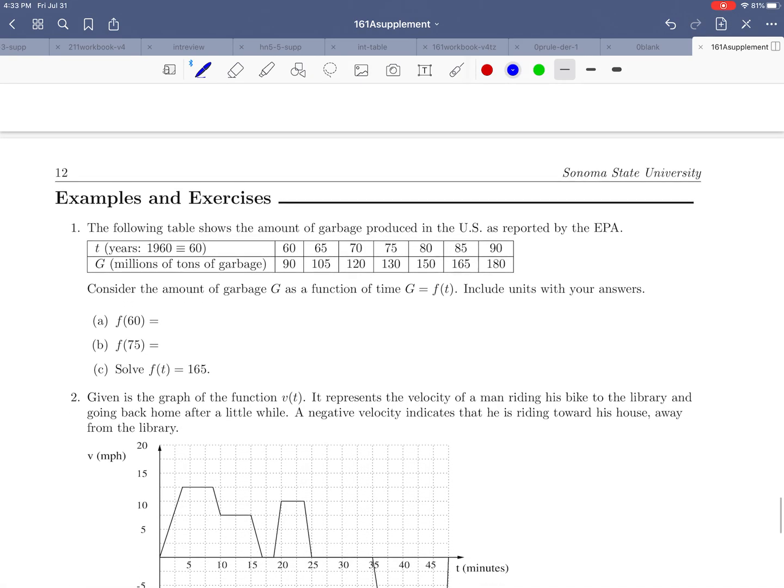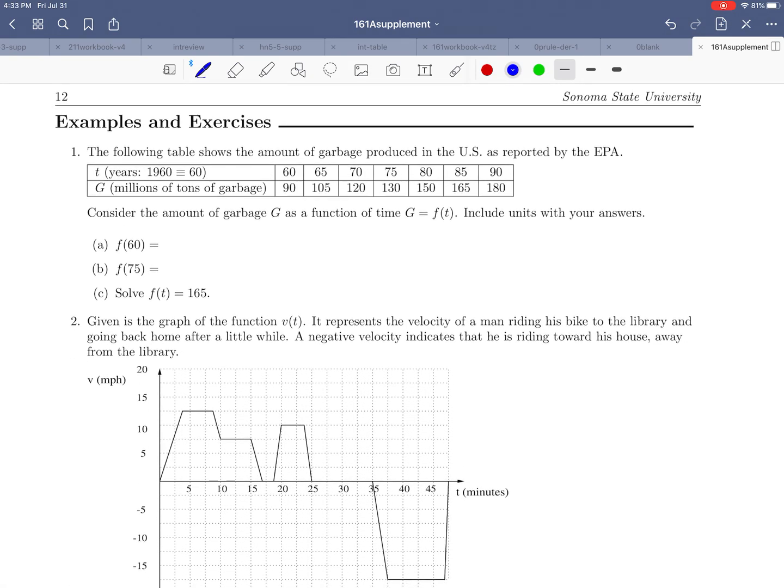Let's look at an example in the exercises, just the first one. The following table shows the amount of garbage produced in the US as reported by the EPA. And we have the amounts of garbage right here, in the year 1960, that's our first year, and then 65, 70, 75, 80, 85, and 90.